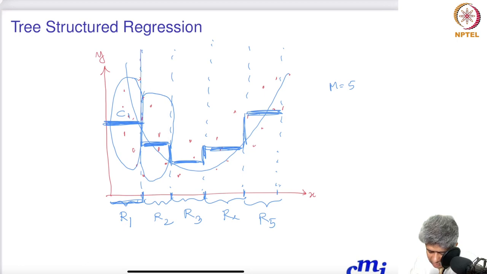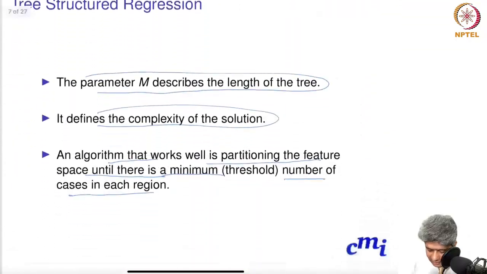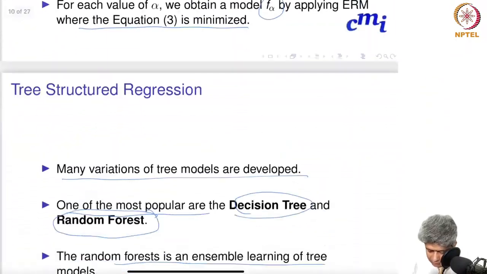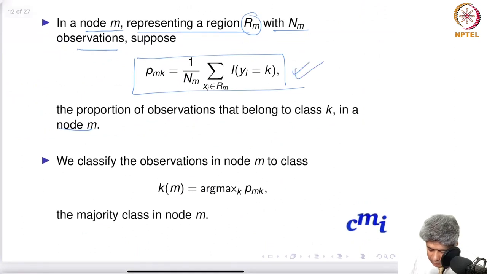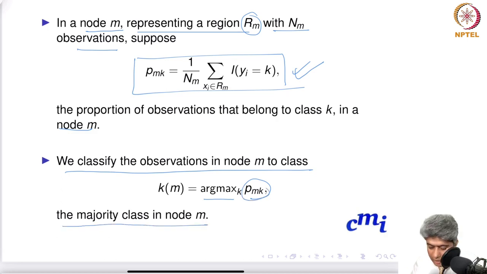In that region, you take the average of those points on Y, and that is exactly what this is talking about. We classify the observations in node M by taking argmax over K of PMK, the majority class in node M.